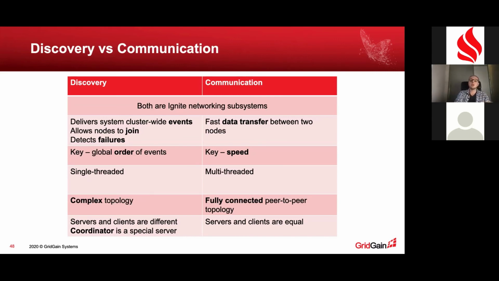Again, communication is the one that is responsible for just sending data as fast as it can, and discovery is responsible for reliable, ordered cluster-wide message delivery. And since the 2 subsystems are so different in the goals that they have, for one the key is speed, for the other the key is reliability and ability to provide ordering.